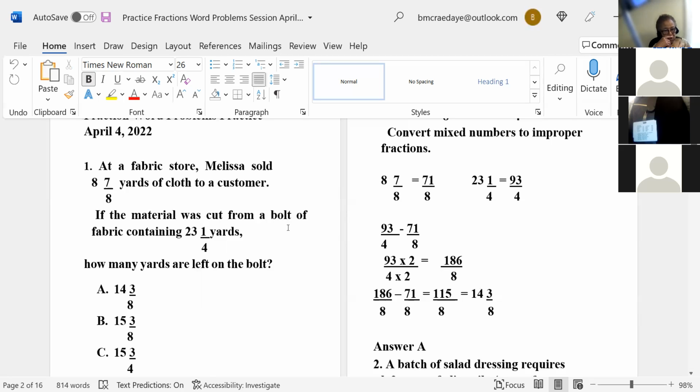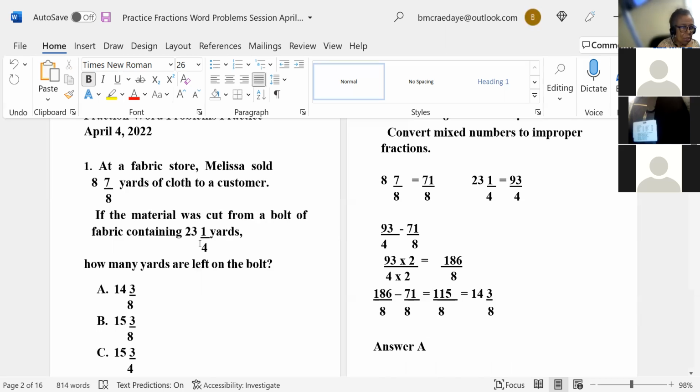So, but I don't know. I think converting to improper fraction is easier. What do you think? The second way I was saying is to make this 23 and 2/8, right?